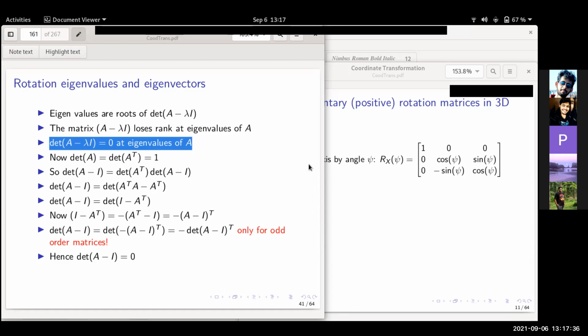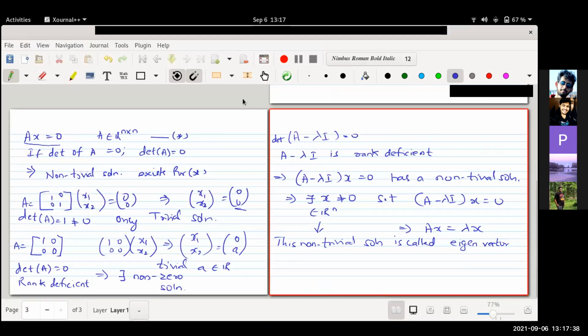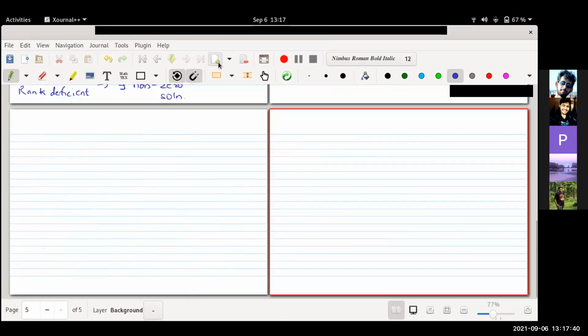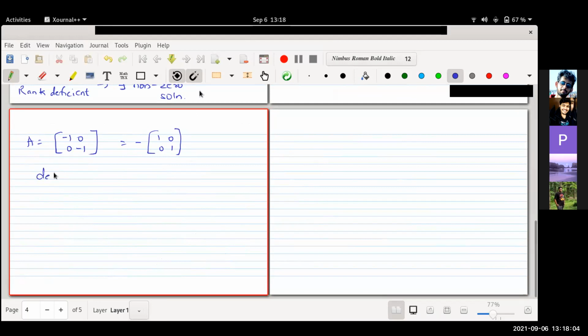Let us see why it cannot be true for even systems. Let us take an example. Consider A equals minus 1, 0, 0, minus 1. So this is clearly equal to minus 1, 0, 0, 1. Now what is the determinant of A?